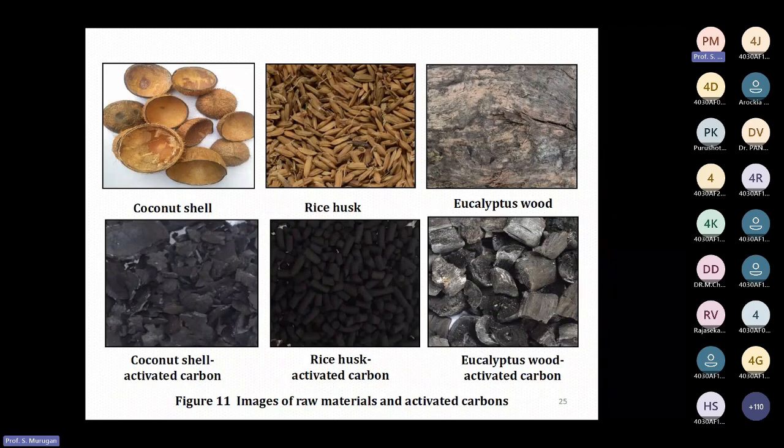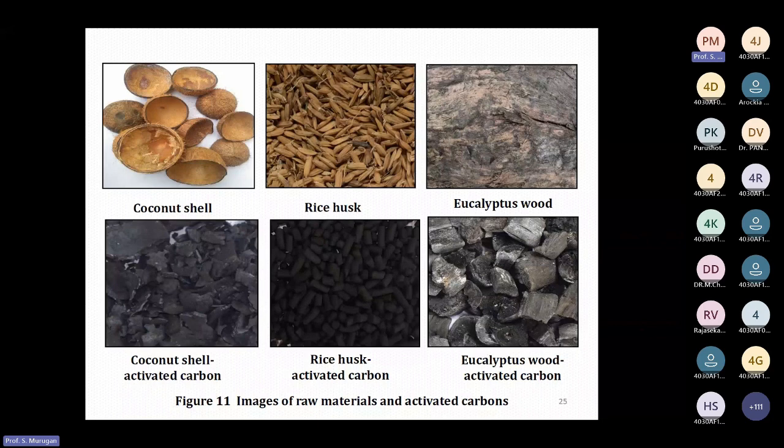Again, as I told, based on the quality of feedstock you use, you will get activated carbon. Whatever method you follow, the final product activated carbon will give different characteristics. If you look at this bottom row picture, the coconut shell activated carbon looks a bit larger compared to the activated carbon from rice husk.